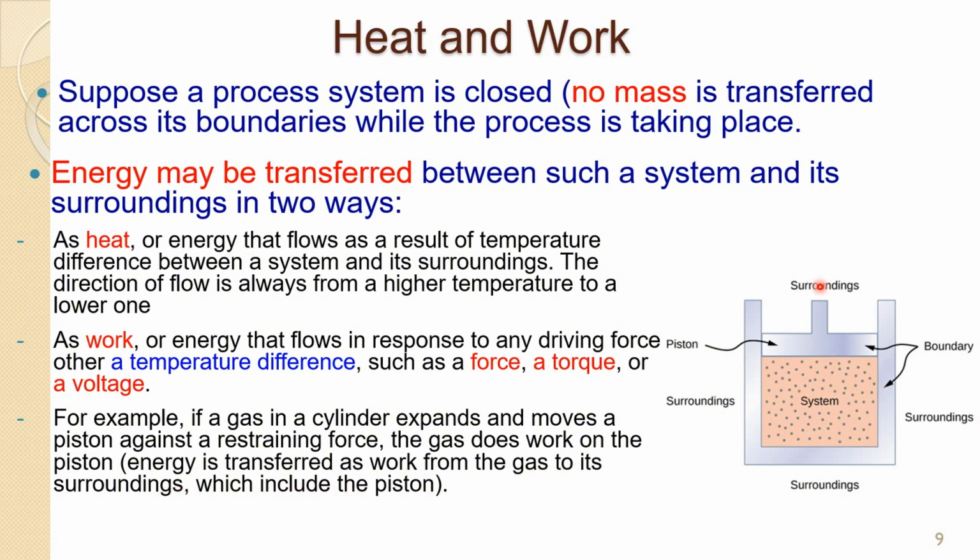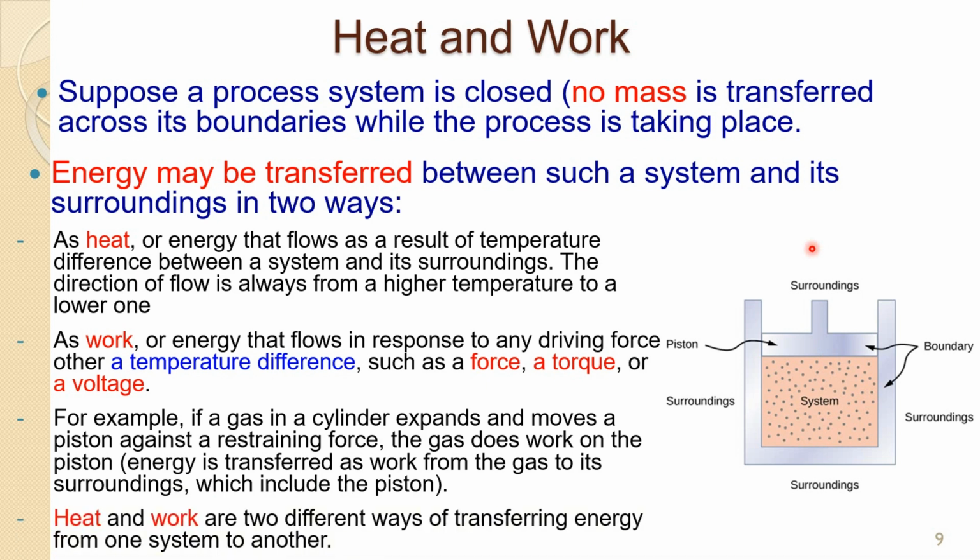The piston will be pushed up, so you make work. So heat and work are two different ways of transferring energy from one system to another. Now we have learned five terms: kinetic energy, potential energy, internal energy, heat, and work.